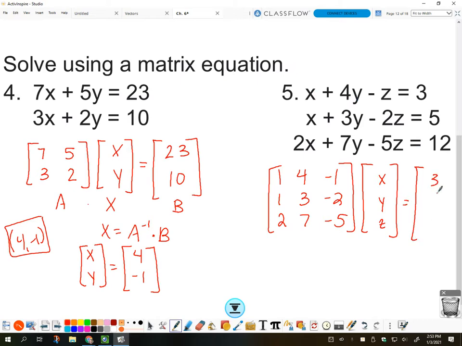All right, and then we're equal to the constant matrix, or the answer matrix. So again, call this guy A, this one X, this one B, and we have a matrix equation. So to get X, we're going to do the inverse of A times B.